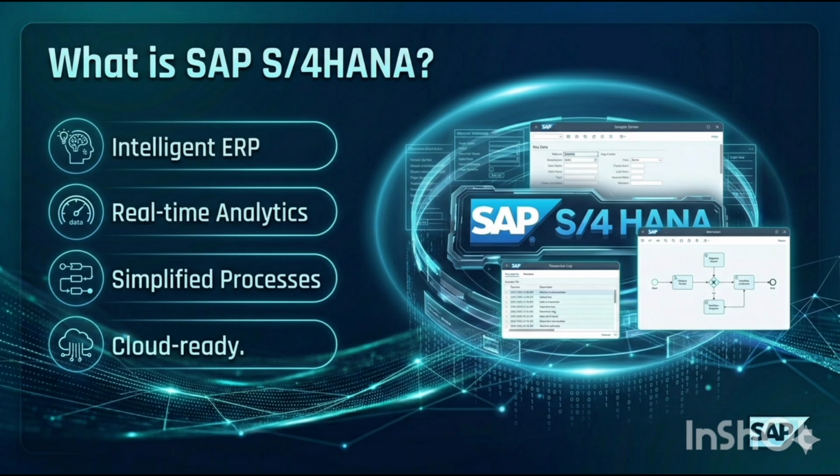SAP S4HANA is the most advanced and intelligent ERP system from SAP. It is built on the powerful HANA in-memory database, which gives real-time data processing and advanced analytics. Unlike older ECC systems, S4HANA is much simpler, faster, and user-friendly. In any SAP implementation, Material Master is one of the most critical master data objects.